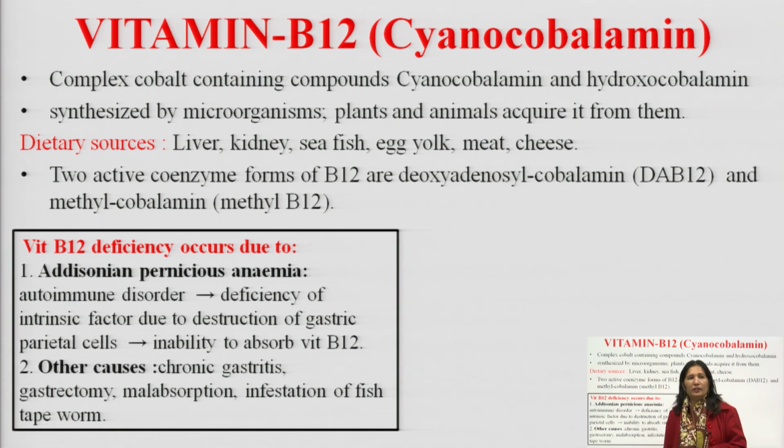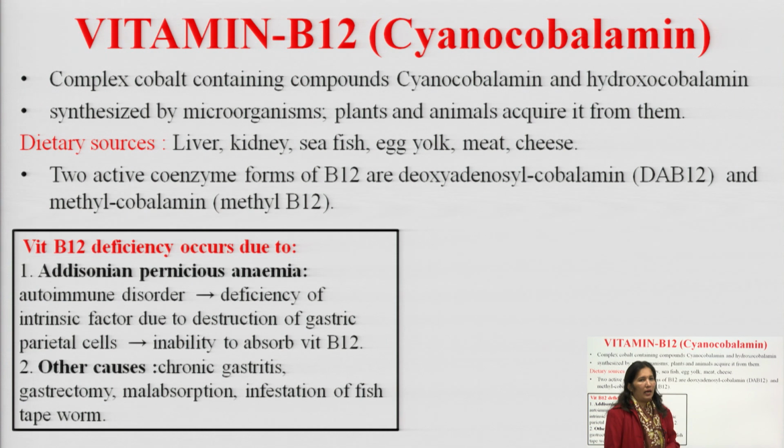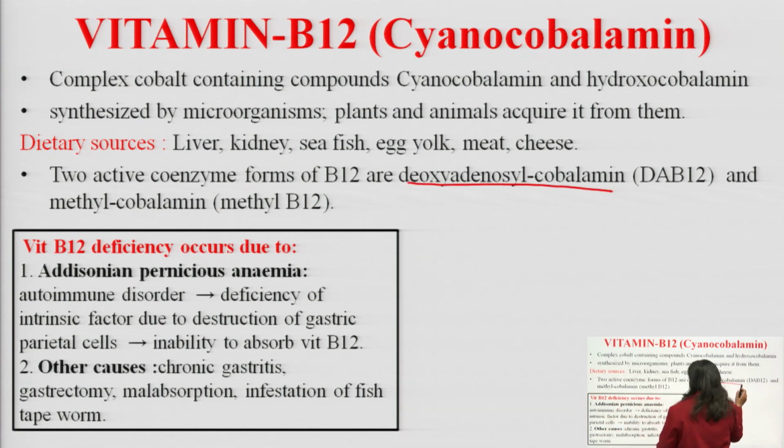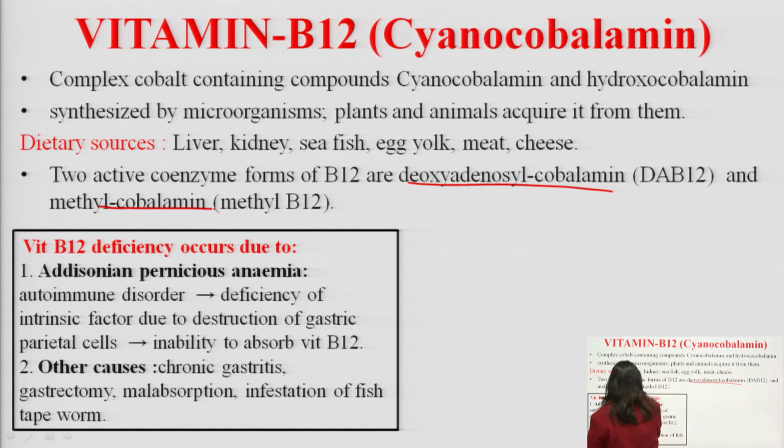Dietary sources for vitamin B12 are liver, kidney, sea fish, egg yolk, meat and cheese. Two active coenzyme forms of vitamin B12 are deoxyadenosylcobalamin and methylcobalamin.